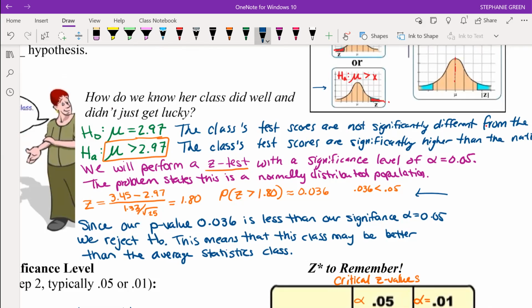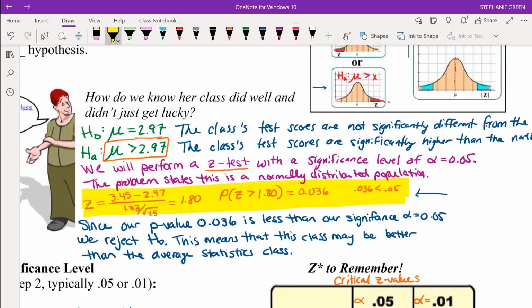I told you there's also a way to perform the z-test on your calculator. Of course, you already know I could have calculated this p-value using normal CDF in my calculator, but there's also a way in our calculator that I can do this entire test using just my graphing calculator, and it'll even give you a picture. So let me show you how that works.